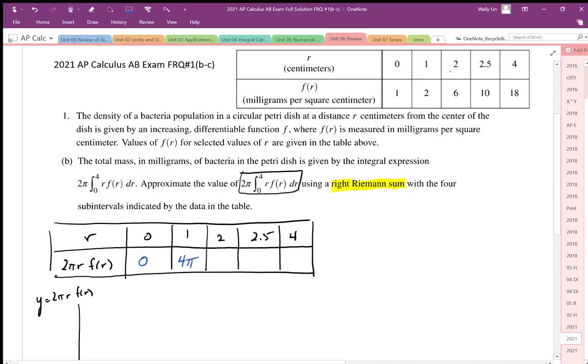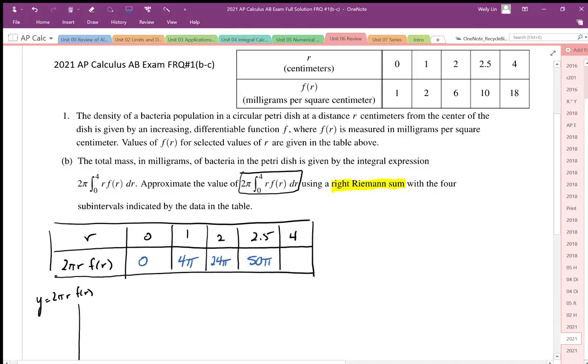Okay, if I plug in r is 2, I get 4 pi times f of 2. Well, f of 2 is 6, so we end up with 6 times 4 pi, which is 24 pi. At 2.5, I plug 2.5 in, I get 5 pi times f of 2.5, which is 10. So I get 10 times 5 pi, which is 50 pi.